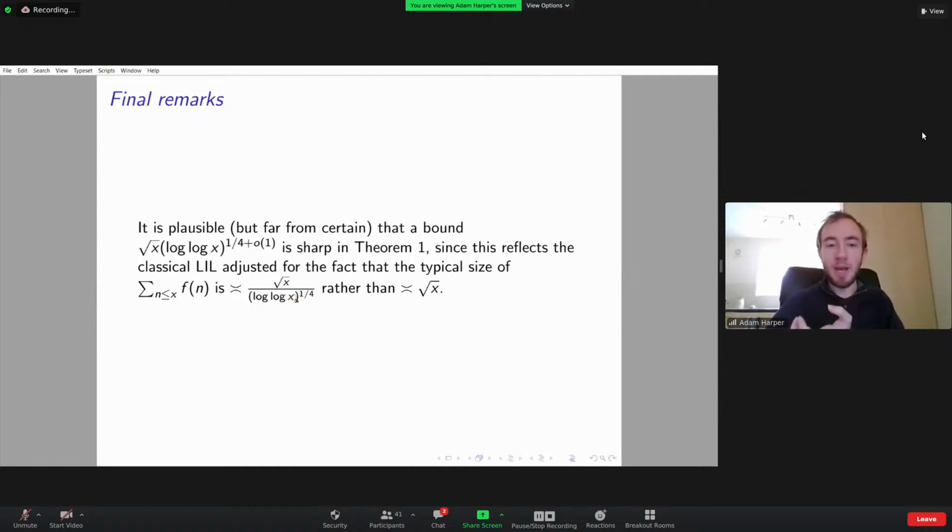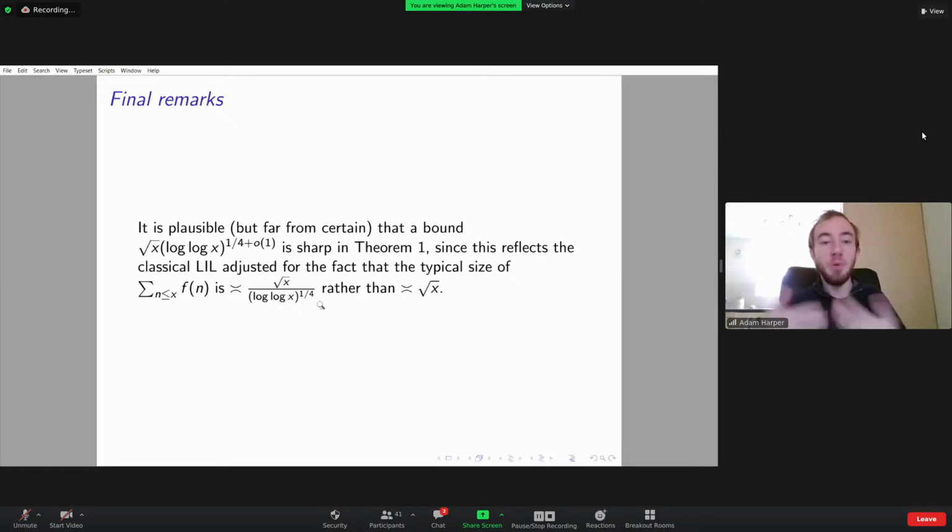And the lower bound we had in the almost sure theorem, theorem 1, is again this thing multiplied by root log of x. So the relationship between the behavior at a point and the lim sup behavior is the same in theorem 1 in the random multiplicative case as in the classical case. The answer is just different because the typical size of a point is different by this factor of log of x.